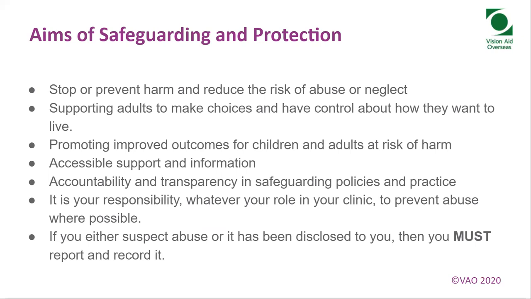It is your responsibility, whatever your role in your clinic, to prevent abuse where possible. If you either suspect abuse or it has been disclosed to you, then you must report and record it.